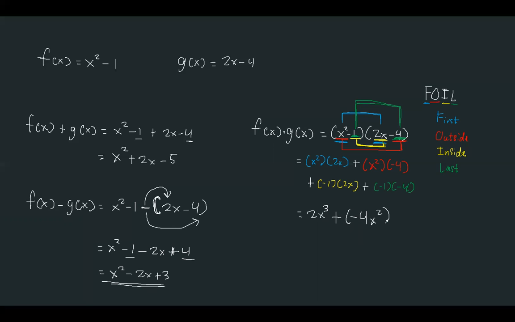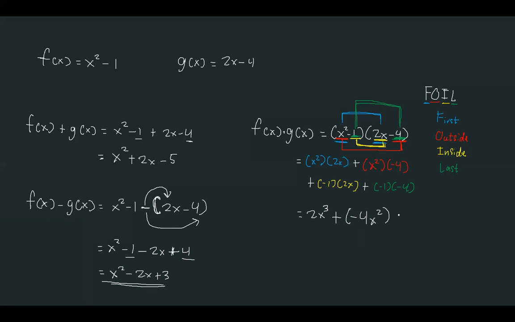So why did I put parentheses? Because here we have the addition operation, which means positive. But when we multiply x squared and negative 4, the result is negative. So two signs conflict, so we're just going to put parentheses for a while.